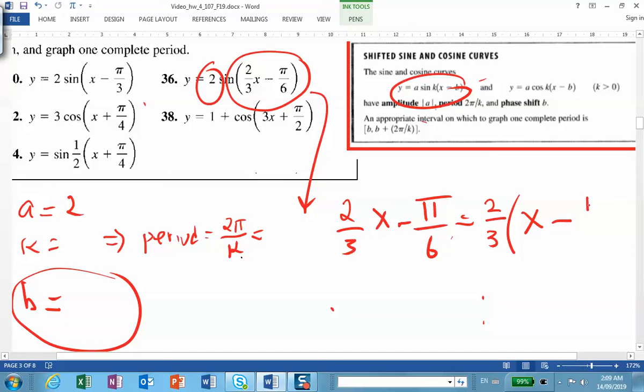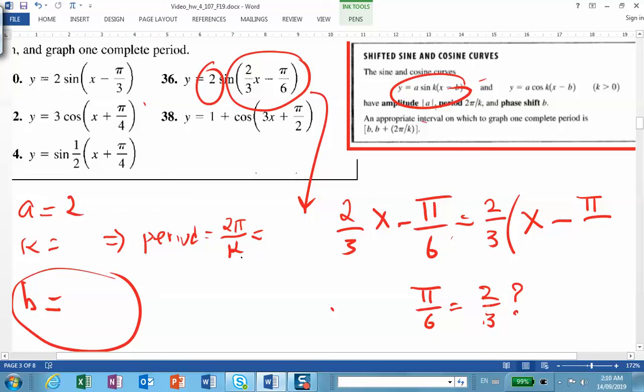Whatever you put in there, when you multiply by 2/3, you should get pi over 6. So let's do pi over 6 equal to 2/3 times what number here? And that number becomes pi over 4.